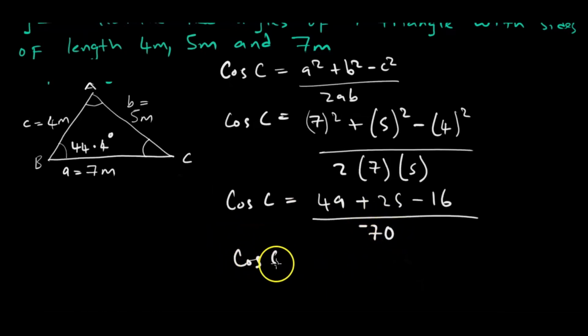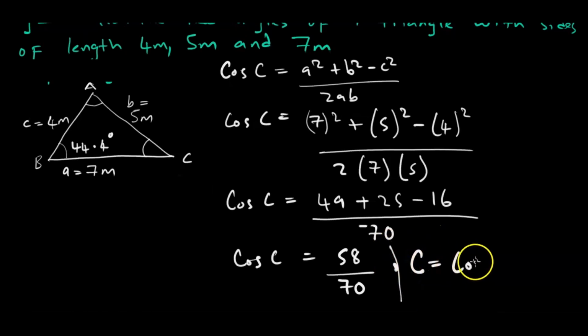So the cos of c here is equal to, what is 49 plus 25 minus 16? It's 58, so it's 58 over 70. So here we say c will be equal to the arc cos of 58 over 70. We can leave it like that.